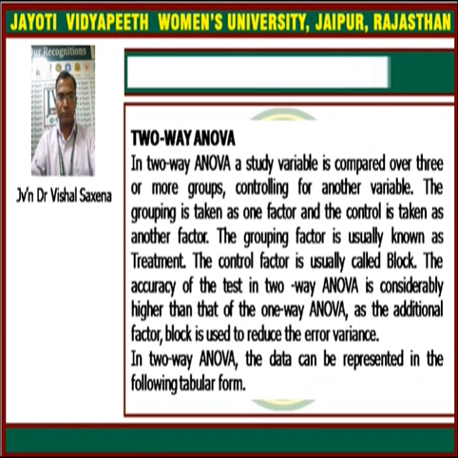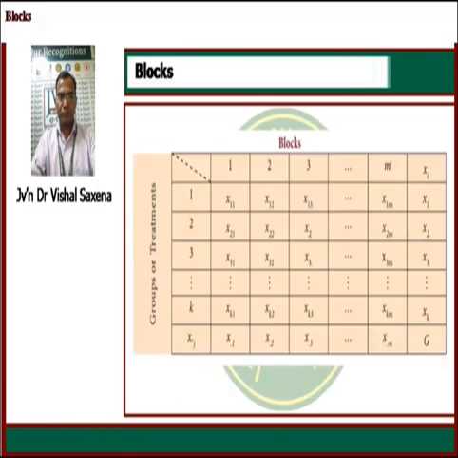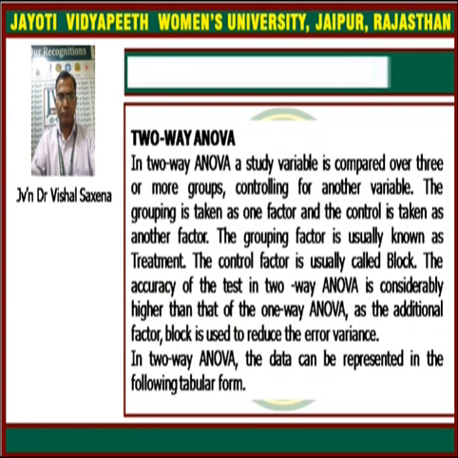This can be done with an example, and this table can be useful for such problems. This table is known as the blocks and the groups of treatments, where grouping is taken as one factor and control is taken as the other factor.